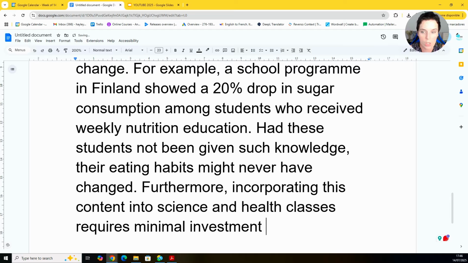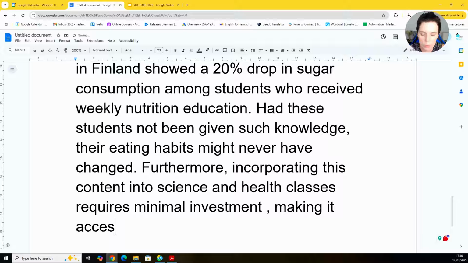Okay, instead of saying it doesn't take much money or it's not expensive, we need to find different ways to say this. Use synonyms, right? And why is this good? Because it's accessible to schools with fewer resources.